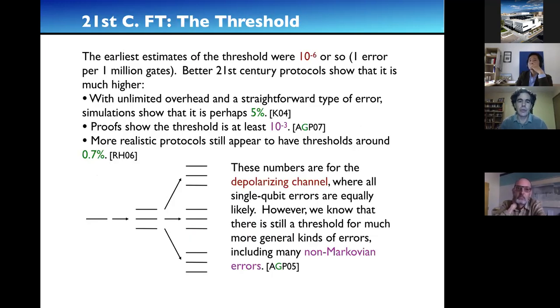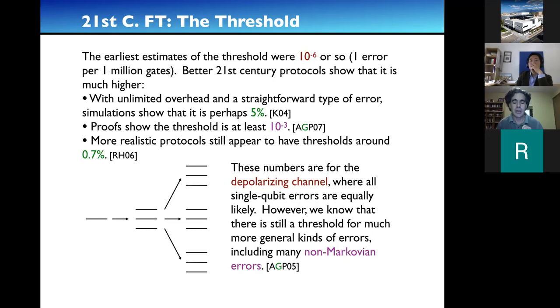Okay, so what is the value of this threshold? That's really important because, like I said, the experimentalists have to get their error rate below that level in order to build a big quantum computer. And so the earliest estimates, early in the history of error correction, were giving numbers like 10 to the minus 6, so 1 error per million gates.